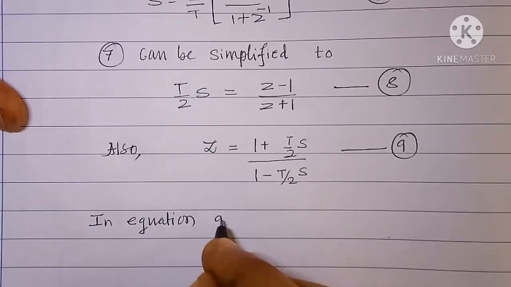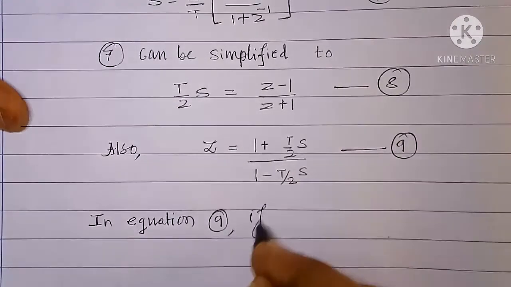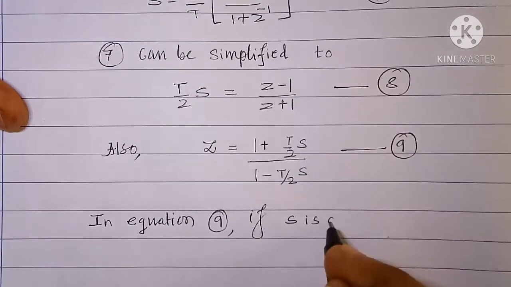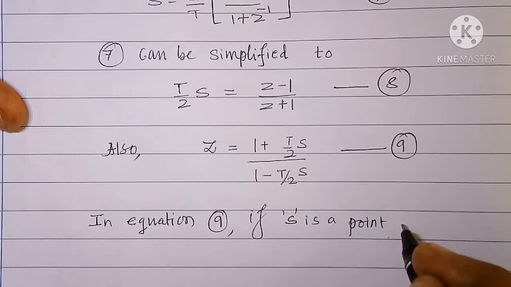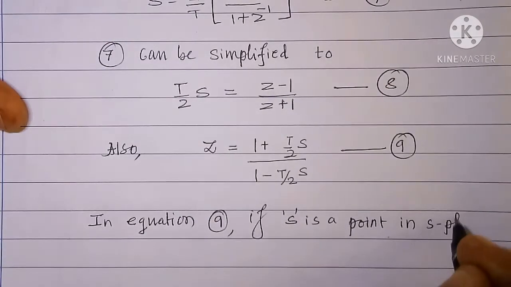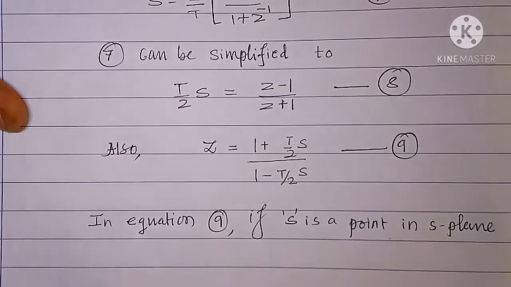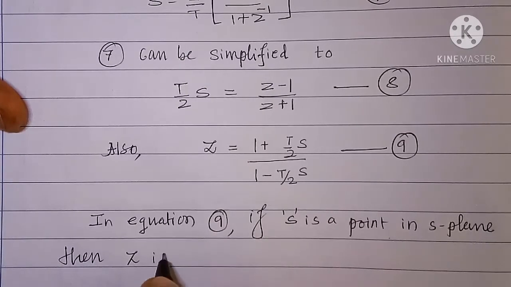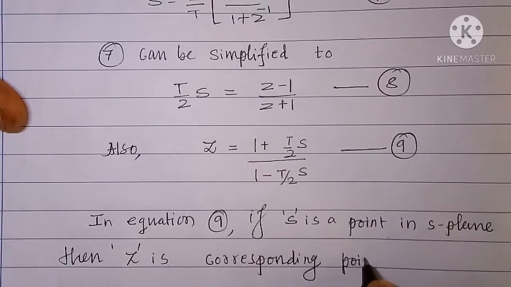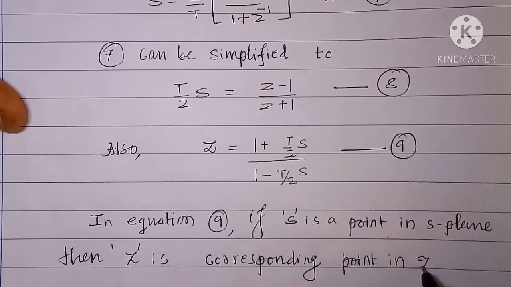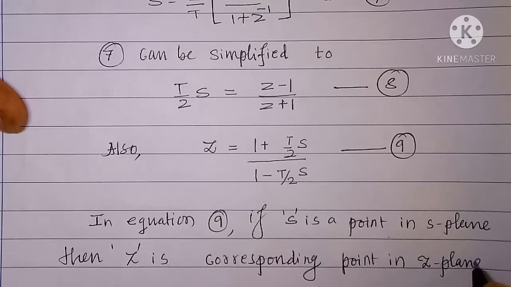In equation 9, if S is a point in S plane, then Z is the corresponding point in Z plane.